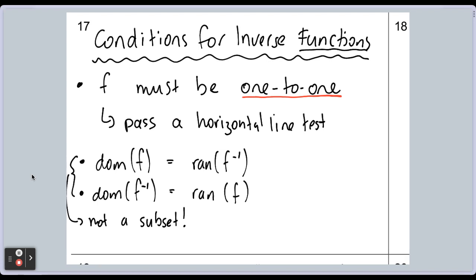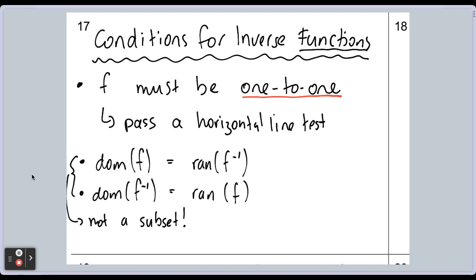What I finished with last lesson was saying that any function can have an inverse. That's still true. And if you modify the range to match the domain of the function, that'll give you an inverse. That's still true. But when we're looking at an inverse function, so we're now going from relations to functions, there are some conditions that need to be met.